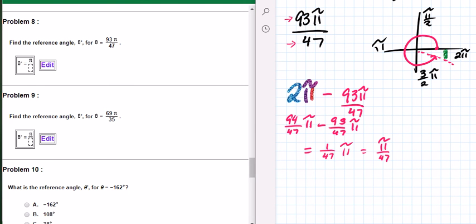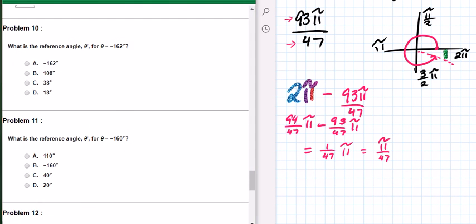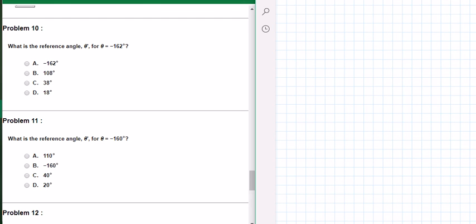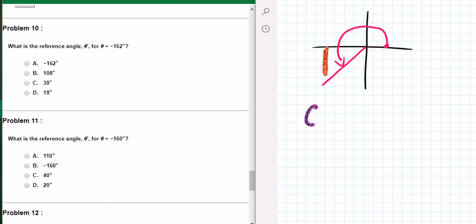Alright, and I'm going to be skipping problem number 9, since it goes over the exact same thing. So all of those angles fall into the 4th quadrant. It would be a little bit different if my angle, so here is my angle, falls into the 3rd quadrant. I always draw it out just so I can see. I go past 180, so I'm going to be taking theta minus 180.